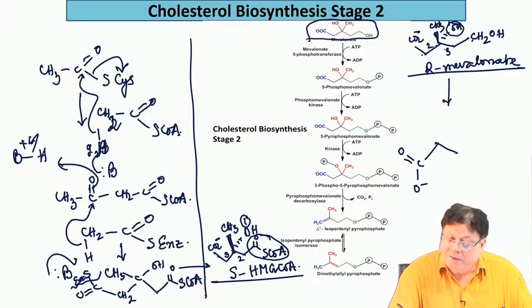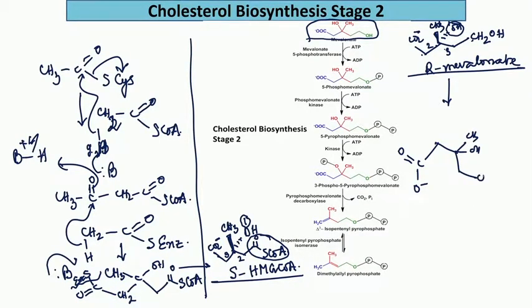You have the CH3, OH, and then CH2, OH, and CH2, which will be phosphate now. You have to do phosphorylation because OH is a bad leaving group. So now this goes here, that goes there, that goes out.